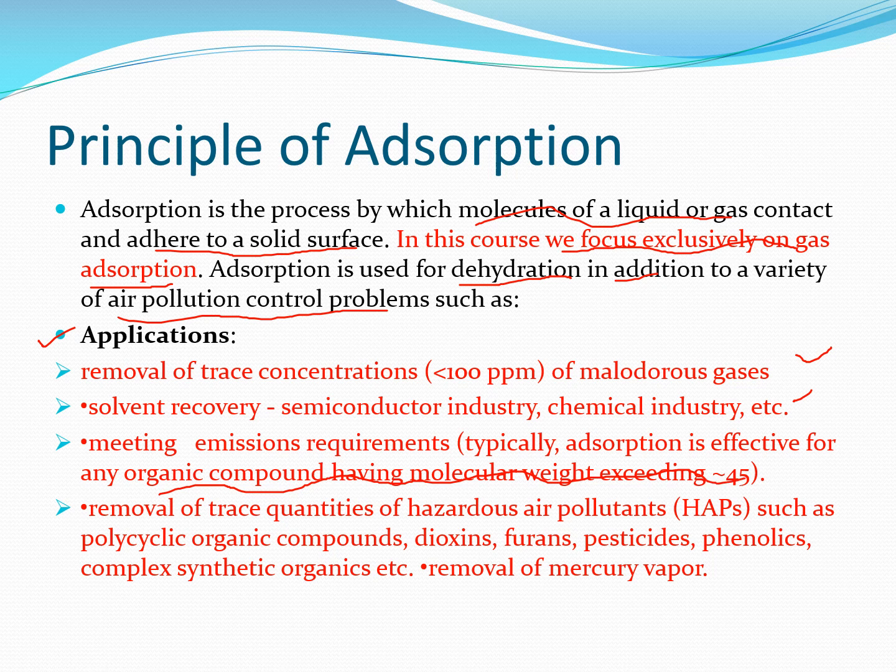Removal of trace quantities of hazardous air pollutants (HAPs) such as polyacrylic organic compounds, dioxins, furans, pesticides, phenolics, complex synthetic organics, and removal of mercury vapors. So these are certain tasks that adsorption can be utilized to perform.